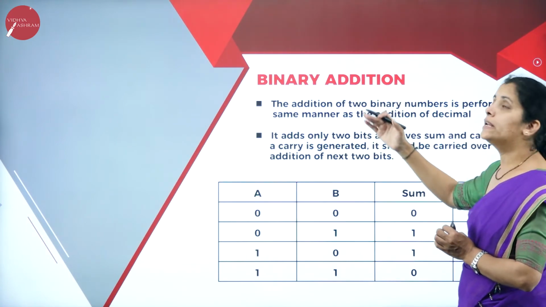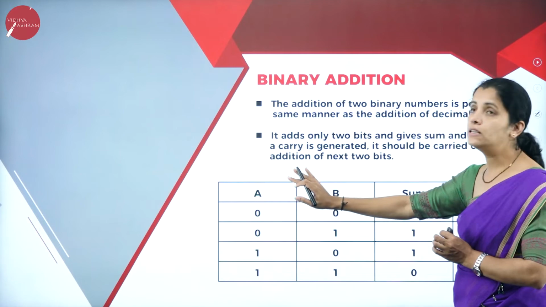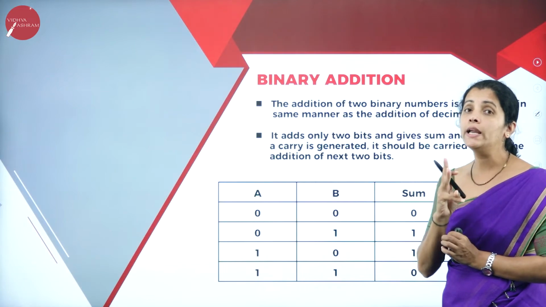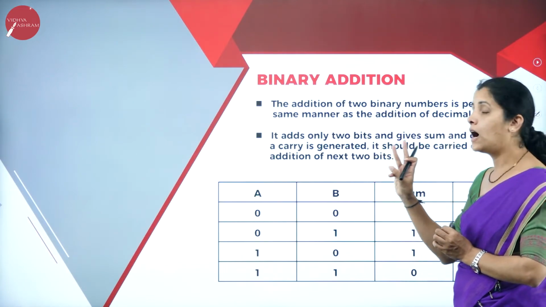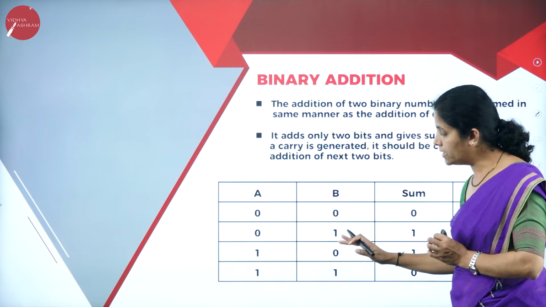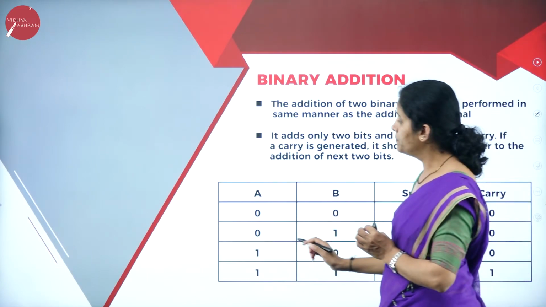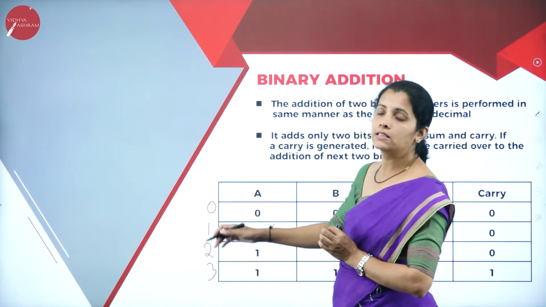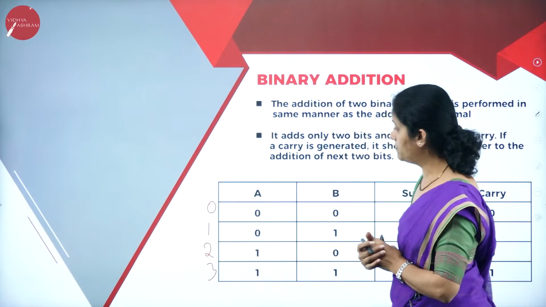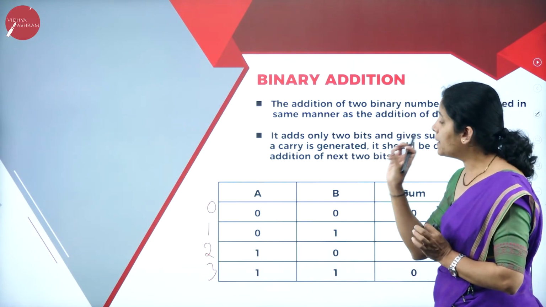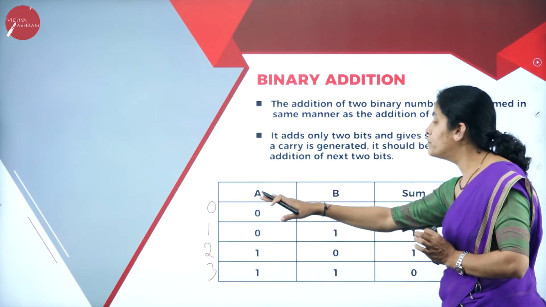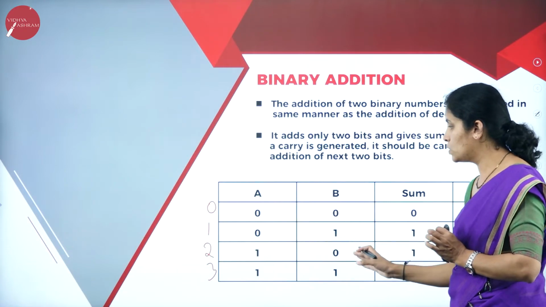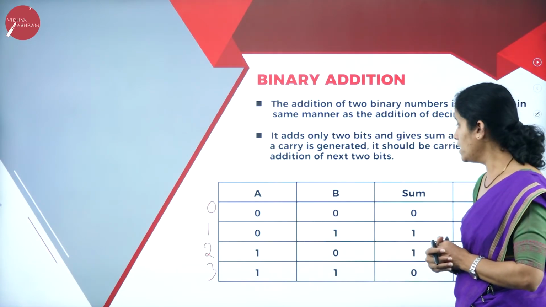To perform binary addition, we must consider this table. According to the rule, I am going to have only 2 bits, A and B, and I am going to write the possible inputs. So it is 0, 1, 2 and 3, and this is the decimal representation. I represent 0 in the form of 0 0, 1 is 0 1, 2 is 1 0, and 3 is 1 1.